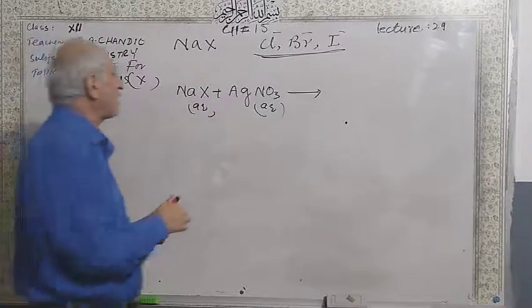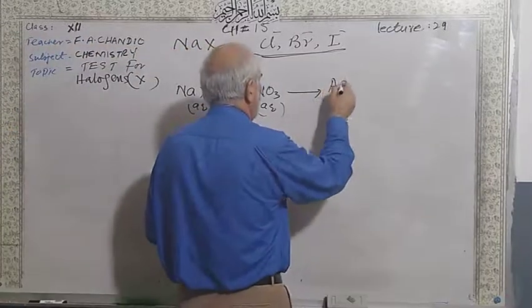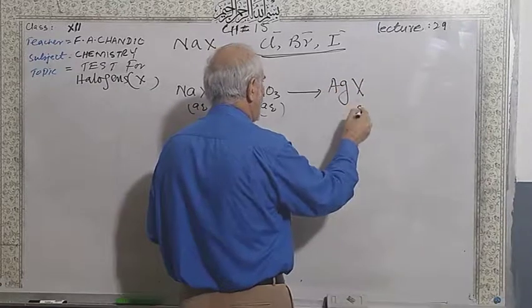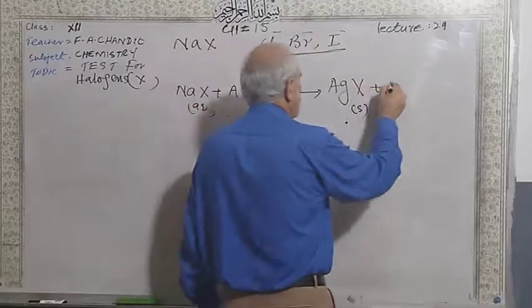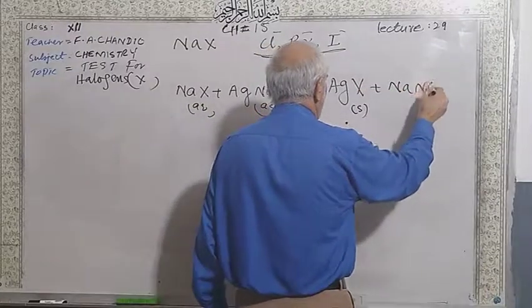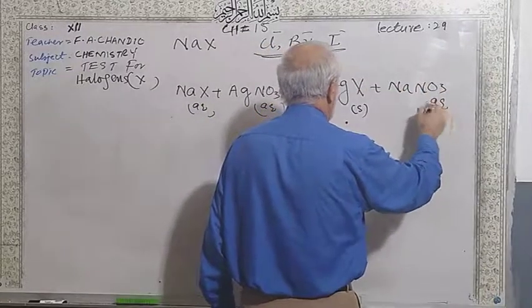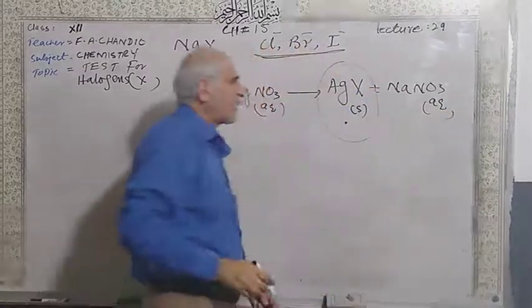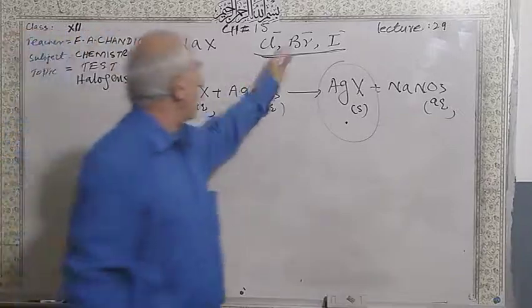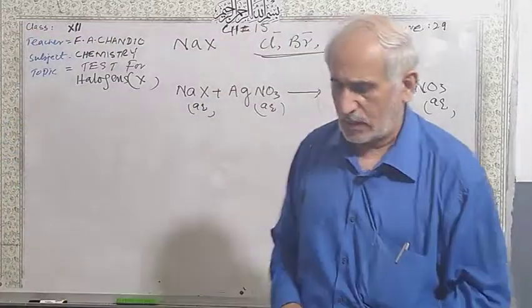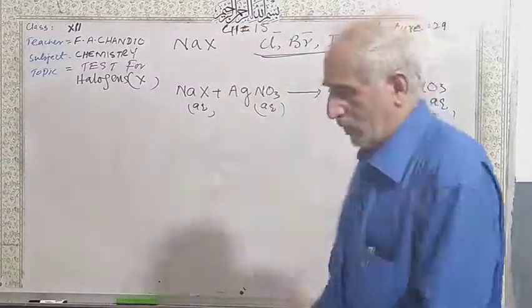So you will get a precipitate of silver halide and sodium nitrate. This precipitate will indicate maybe chloride ions, bromide ions, or iodide ions.